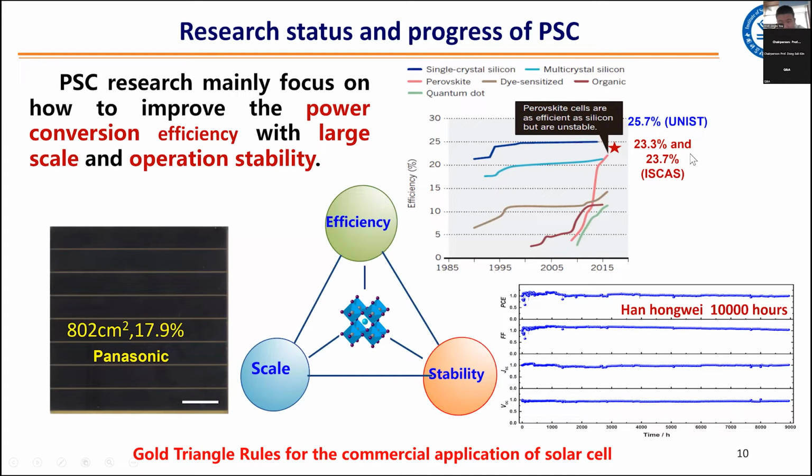In 2018, we had 23.3 and 23.7, and now we are close to 25.7. This is small area efficiency. The second one is scale, and the third is cost. We should reduce the cost.